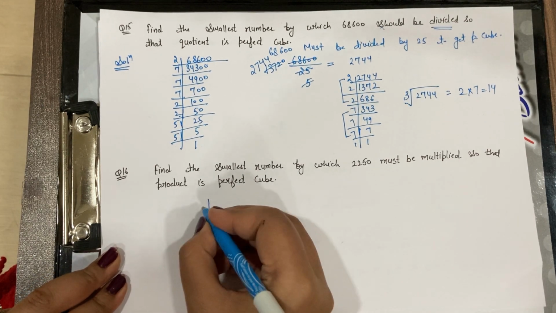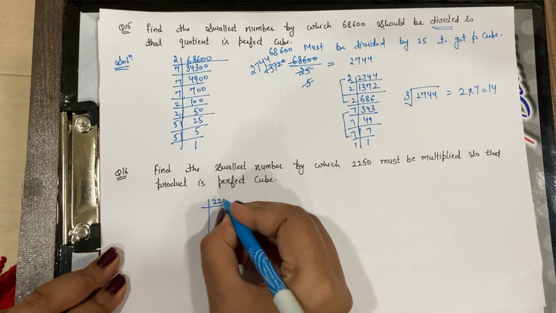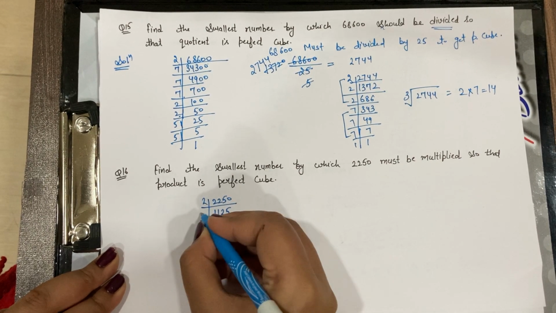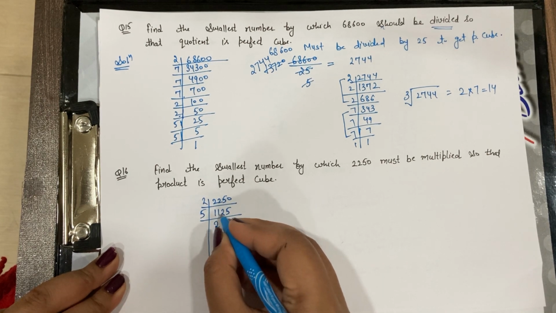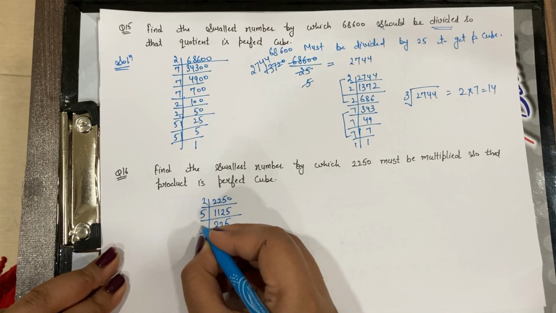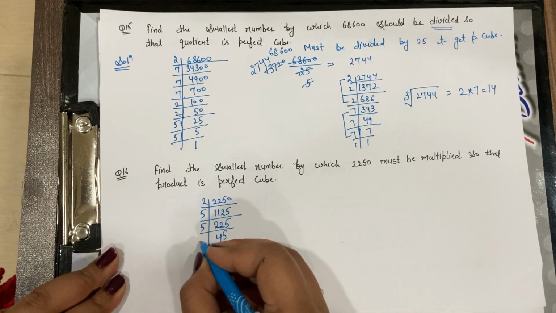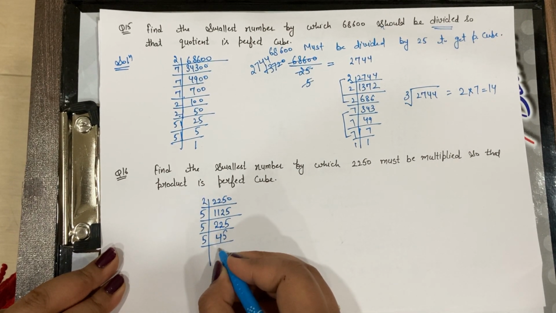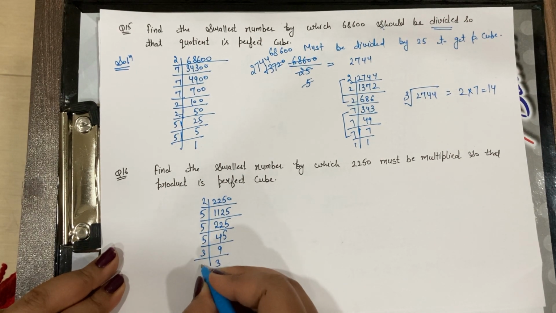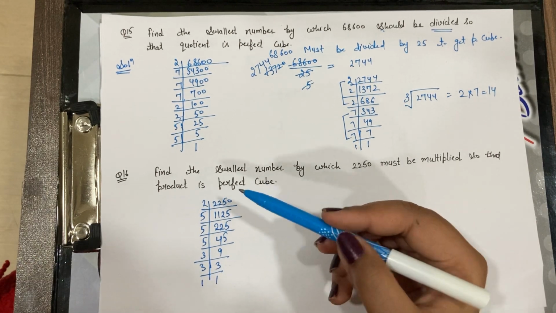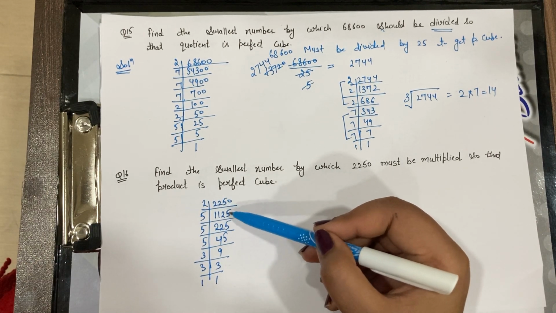The concept is similar. Now it is just a matter of by which number it should be multiplied. Means what should we add on, what extra number should we put so that this becomes a perfect cube. So let us start this question. It is 2250. On the table of 2, when you see this, again on the table of 5, again on the table of 5, 3 3 3. Let's check the calculations whether it is correct or not.